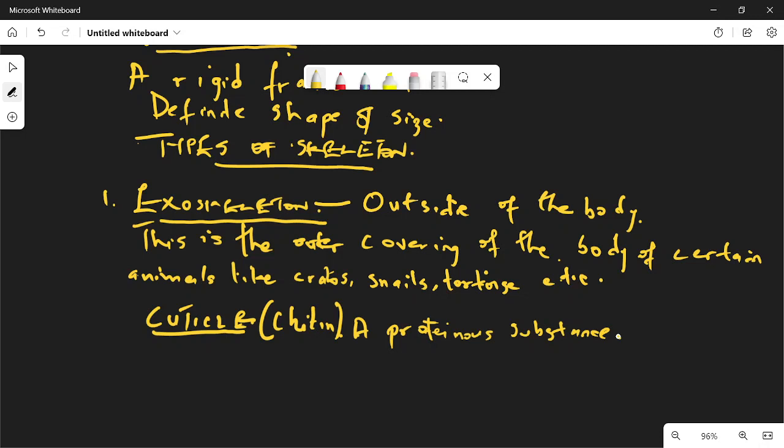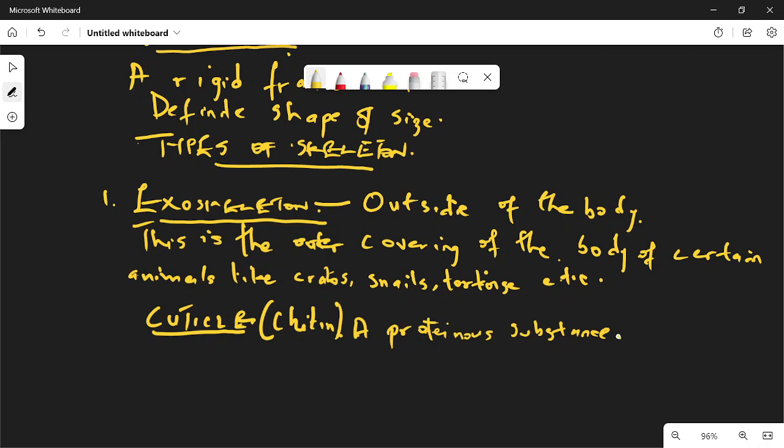What do I mean by that? The organism is able to increase in its size when these substances are shed off the body of the organism. The cortical has a periodic shedding off, a periodic moment where it goes out of the body of the organism, and by so doing it gives the organism the ability to increase in size.